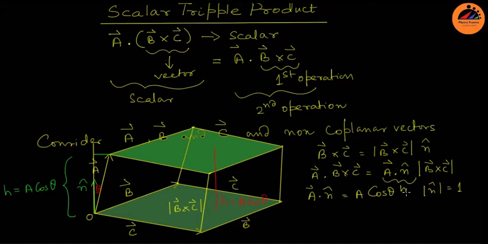Let me take some different color. Keep it like this. So this is h. So height times area, so this is basically h times magnitude of B cross C.